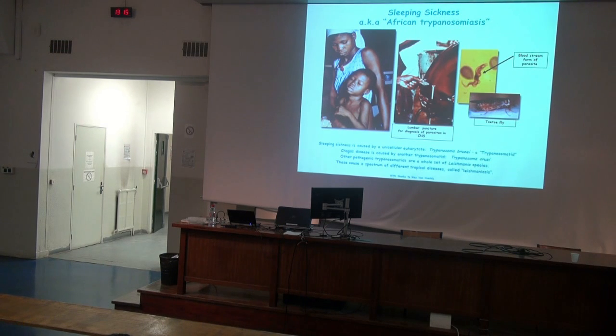And here you see the tsetse fly, which you've heard of, which brings the parasite from patient to patient. And this is a lumbar puncture to diagnose, to see if the parasite has already reached the central nervous system. Because if that's the case, then there is actually only one drug which is useful. And it's also terrible. It causes death in about 5 to 10% of the cases.